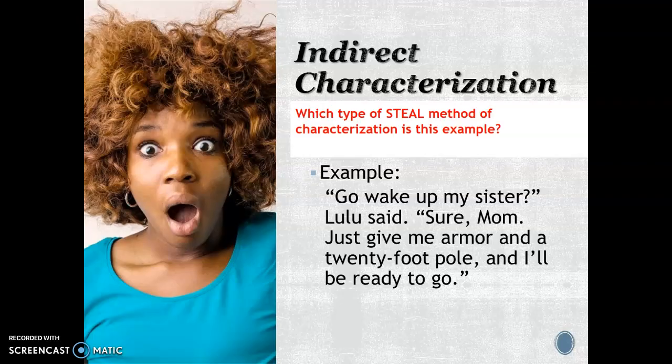While this is also speech, ultimately it helps to show us how a character is being seen by others. So you might have identified speech, you might also have identified effect on others.